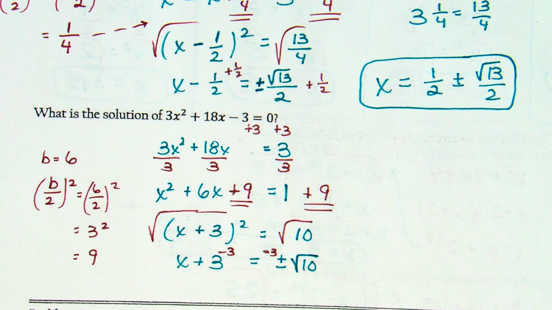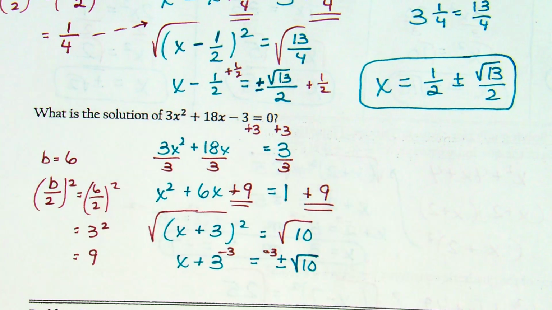Or do I have? 2? One of my answers is negative 3 plus radical 10. My other answer is negative 3 minus radical 10. So you still have two answers here. And that's the idea of what we should be looking for. When it's an x squared equation, general rule of thumb is there are two answers. Okay? Questions on the completing the square?